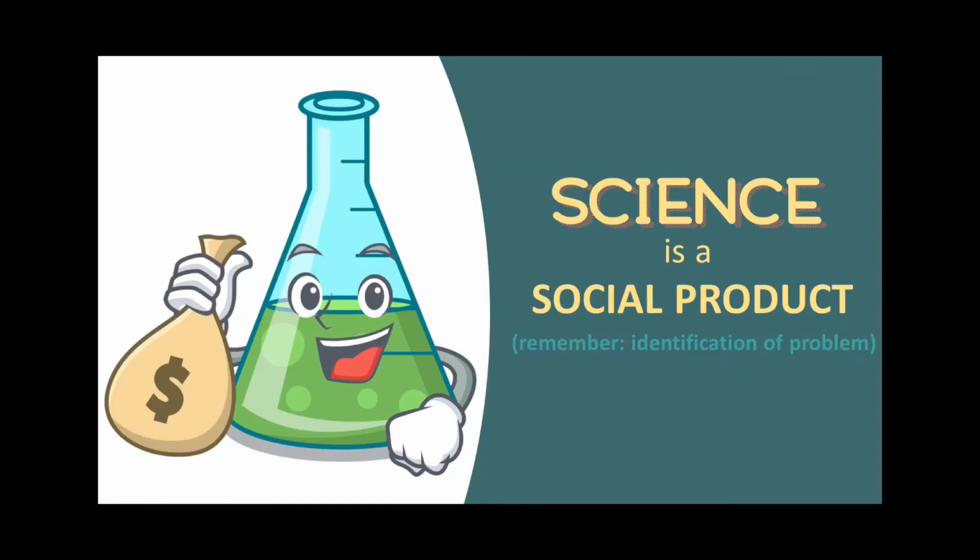So first, let's begin this video by saying that science is a product. It means that people in a society consume science for their everyday living. So the technology that we use every day, we consume that, right? This knowledge that you are hearing from me, you are consuming that.